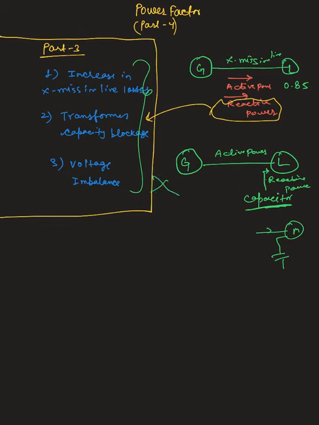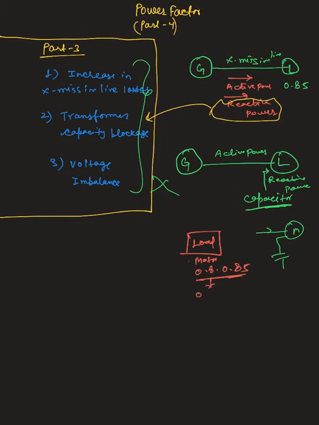Alright, see, there is a very important concept here. People usually miss this concept. Suppose this is a load, and this load can be any load. Suppose it is a motor, and the power factor of an induction motor, if you see, will be near 0.8, 0.85, right?